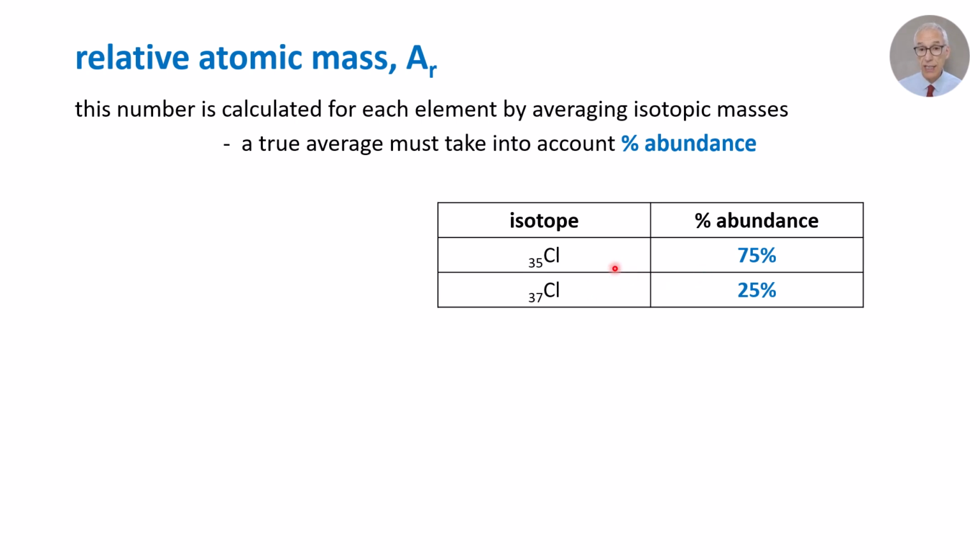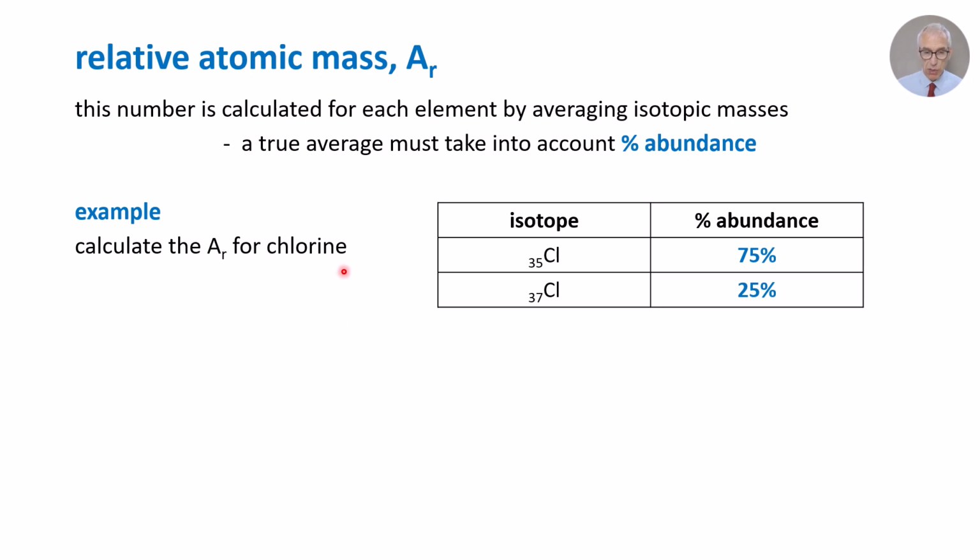Well, we find in nature that the percentage of chlorine's atoms that are chlorine-35 is 75%. The remaining 25% have a mass number of 37. So we say the abundance of chlorine-35 is 75%. The abundance of chlorine-37 is 25%. So we need to take this into account in calculating the true average.